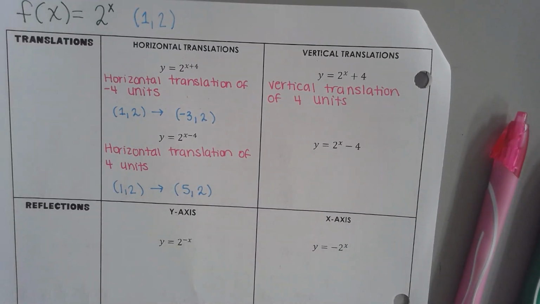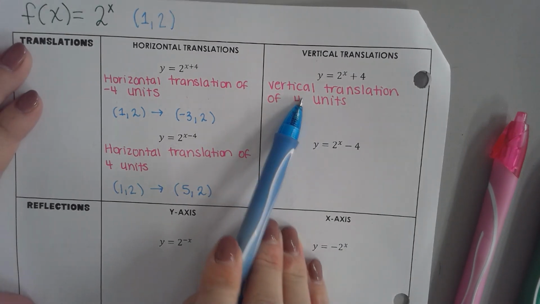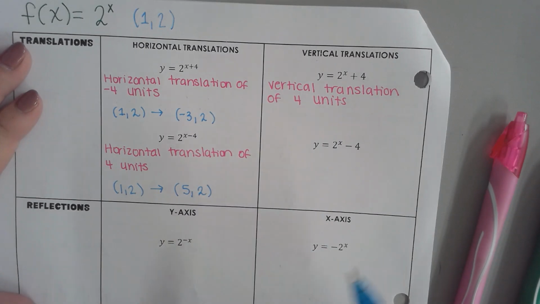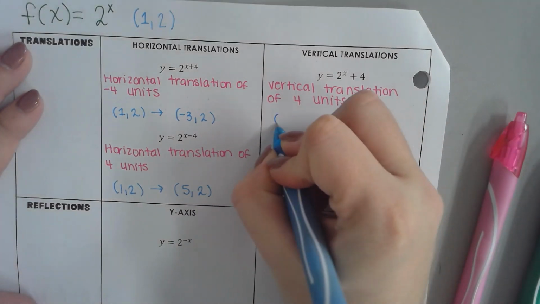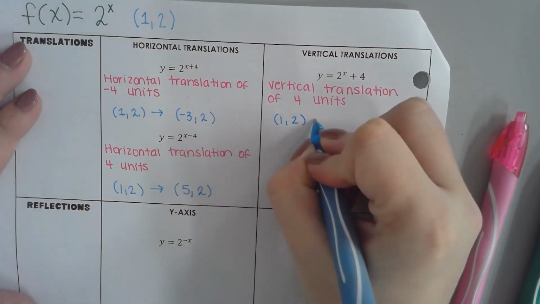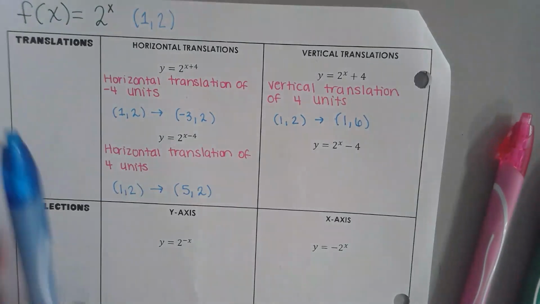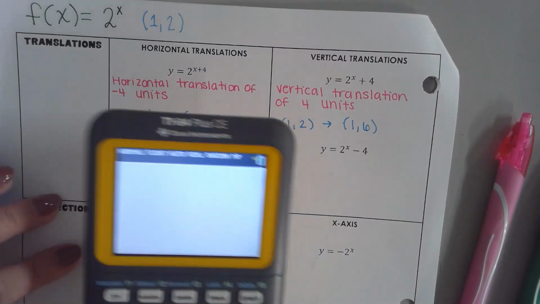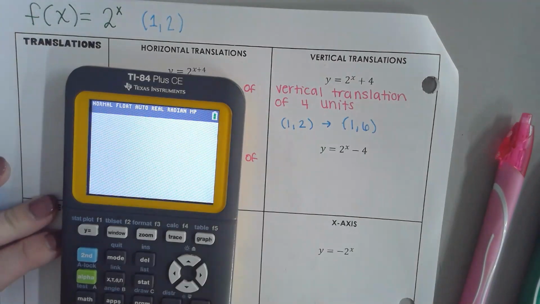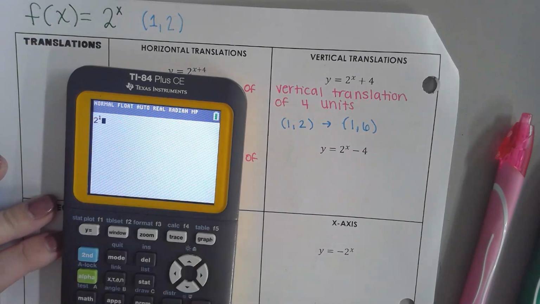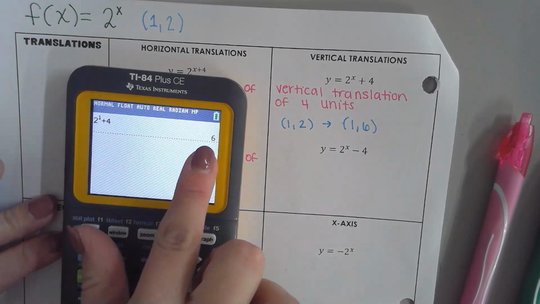But this is going along with your y's. So when I add 4 on this one, I'm adding 4 to the y's. So the point 1, 2 becomes the point 1, 6. If I plug in a 1 for x, I get 6.